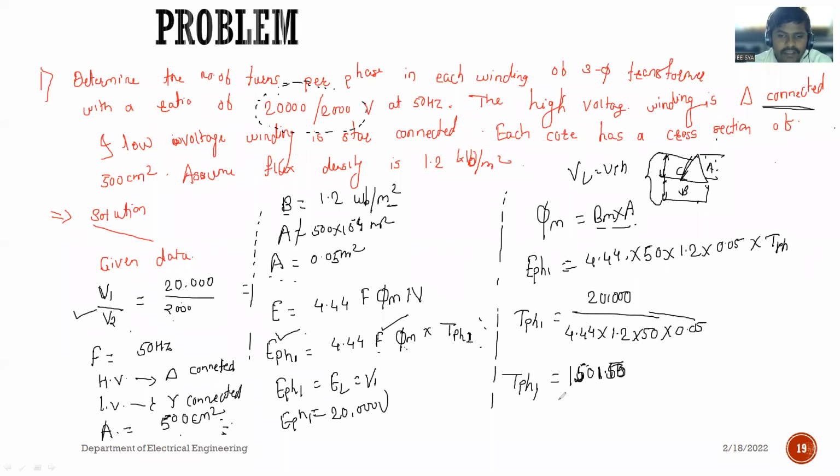Okay. So see 1501.50. So tons can never be written in point value. That means fraction value. It can always be written in integer value. So we can write 1501 number of tons. It will be present on the primary side. That is TPH1, it is equals to 1501. Right? What is the unit?